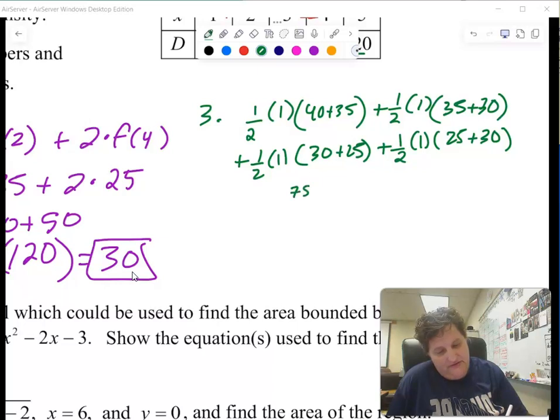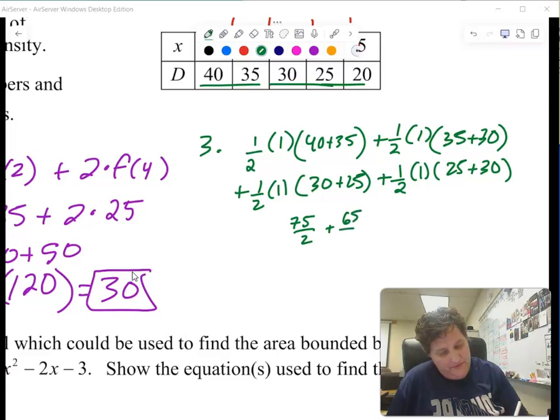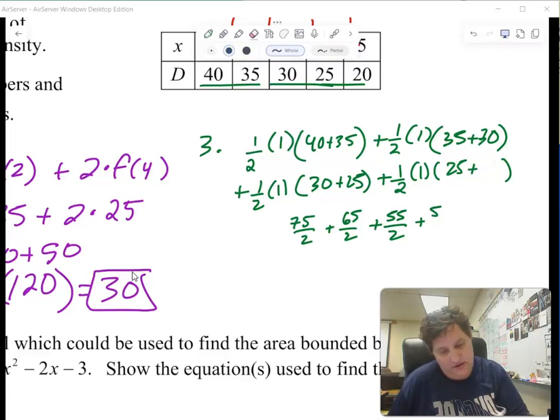So it's like 75 over 2. That one is 65 over 2. The next one is 30, 40, 55 over 2. And then 55 over 2. Sorry, gosh, good thing I caught that. That was 25 and 20. Okay. My goodness.